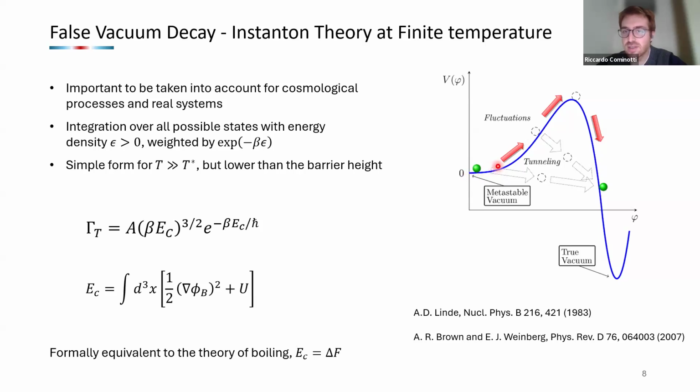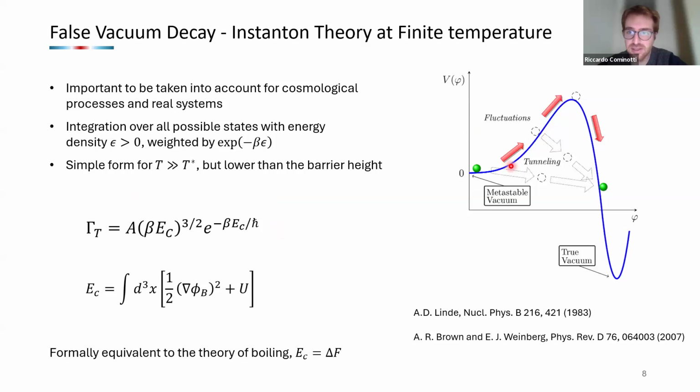Then we can have a situation in which the temperature is sufficiently high to move the field up to some point in the potential barrier from which the field can tunnel, and thus what we expect is that the presence of thermal fluctuations will change the tunneling rate because the shape of the barrier changes. And then there is a further situation where the temperature is so high that the field can be moved up to the top of the potential, and then it just rolls down, which is somehow a classical scenario.